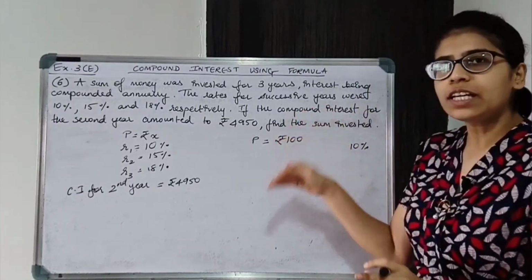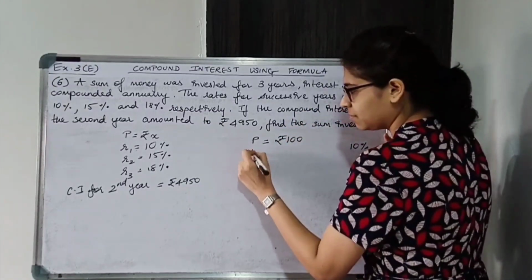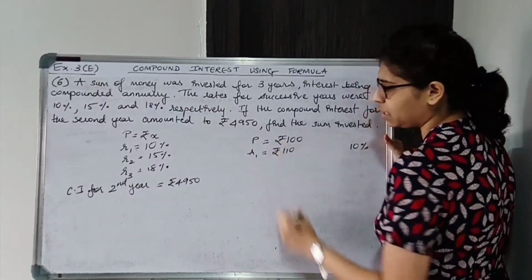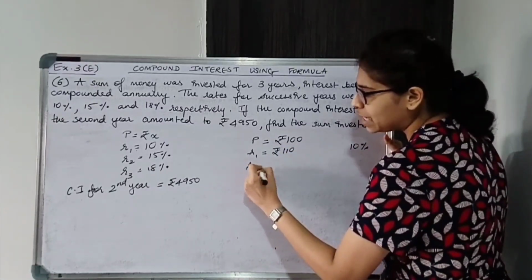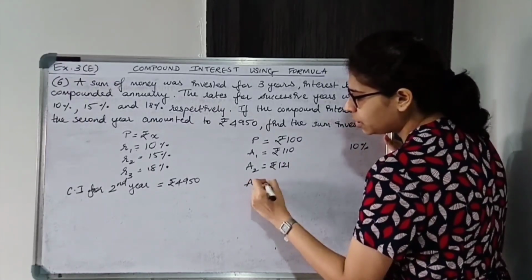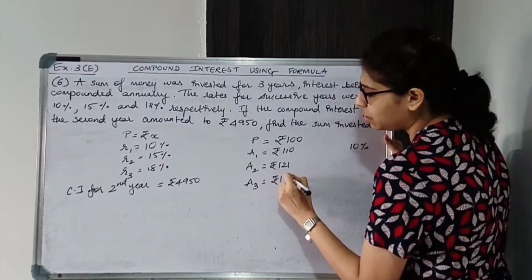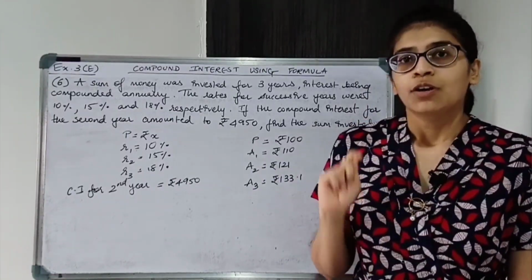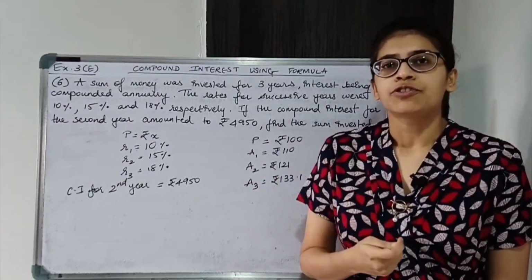So amount for each year will be what? Amount for first year it will be 110 rupees. Amount for second year it will be 121 rupees. Amount for third year it will be 133.1 rupees.